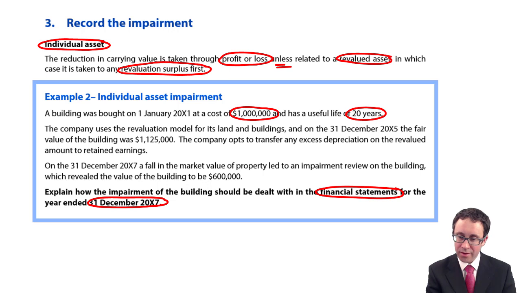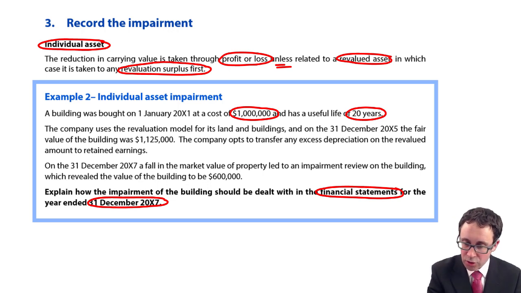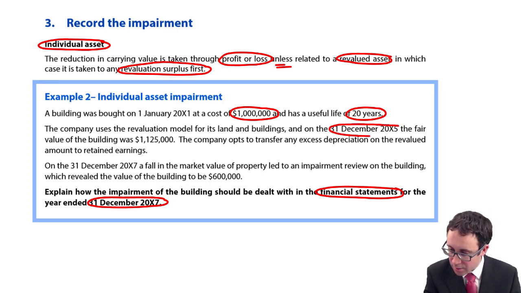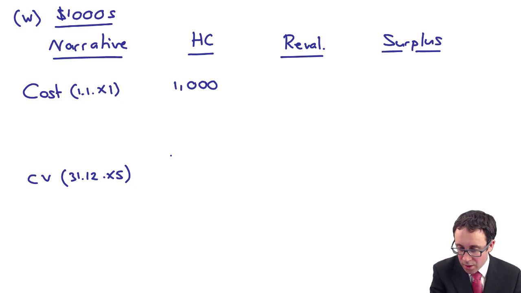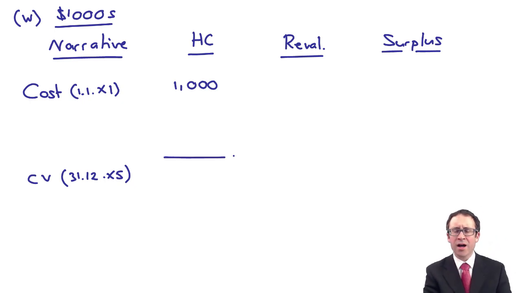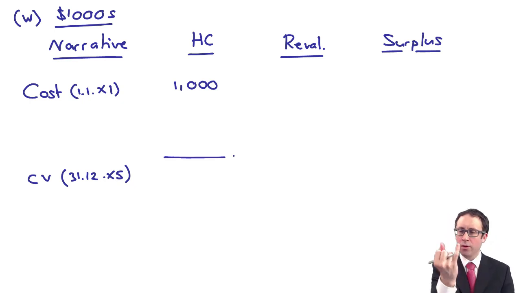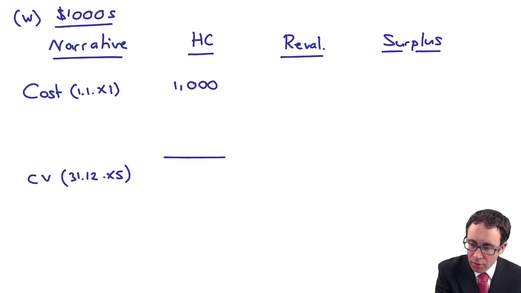Well, what we've got there is that the revaluation took place on the 31st of December X5. So we need to work out the carrying value at the 31st of December X5, which to you and I is at 5 years. Okay, 1, 2, 3, 4, 5. Use your fingers, don't be embarrassed. Count away. So what have we got?